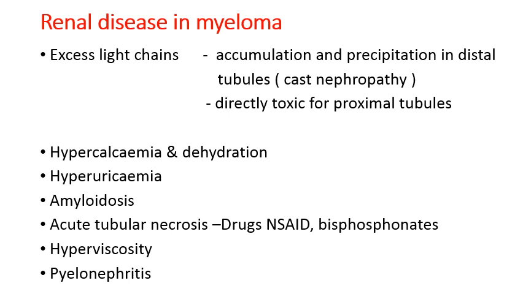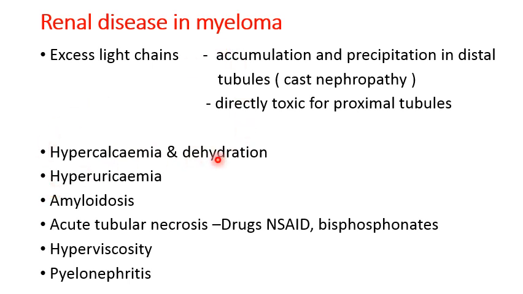Renal disease in myeloma has several mechanisms. Like I said before, excess light chains can accumulate and precipitate in the distal tubule, causing what is called cast nephropathy. They are also directly toxic to the proximal tubules, causing tubulopathy and tubulointerstitial disease. Hypercalcemia and dehydration can cause renal disease.